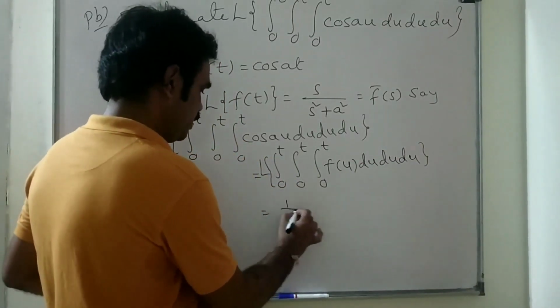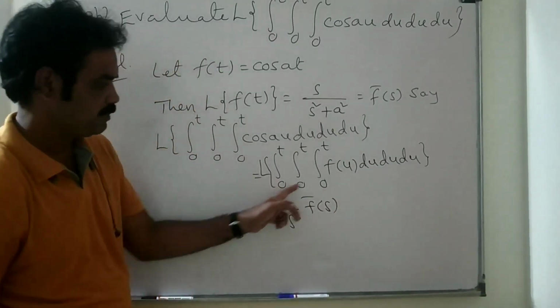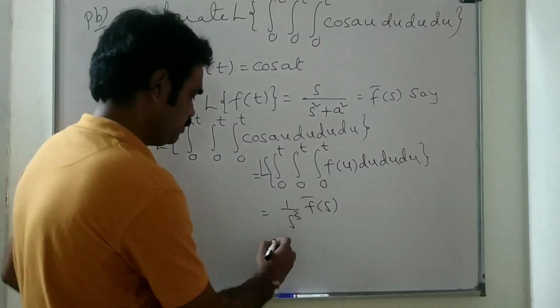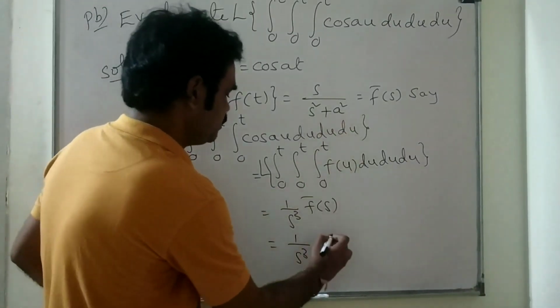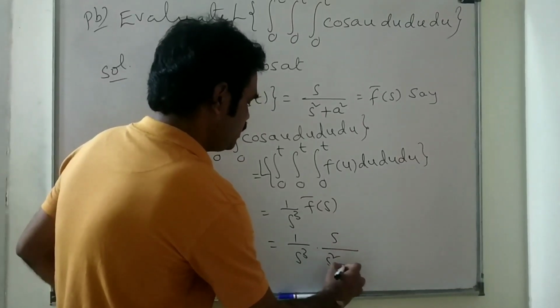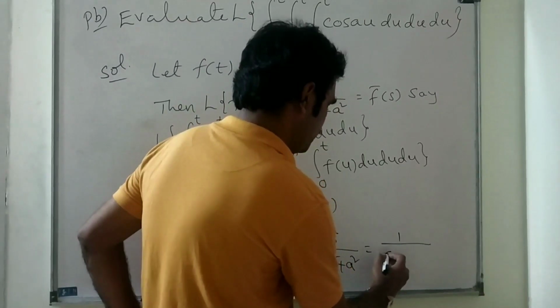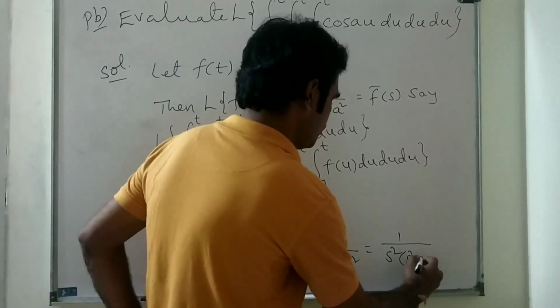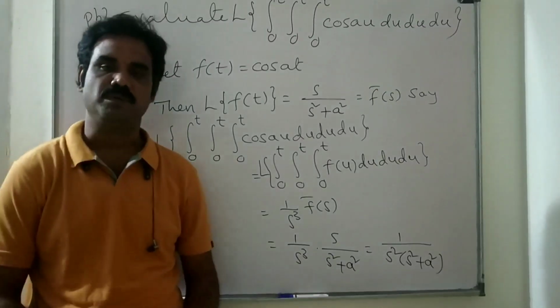That is equal to 1 by s cube f bar s. Since 3 times integration here, 1 by s cube f bar s. That is 1 by s cube, and f bar s is s by s square plus a square. That is equal to, s cancel here, 1 by s square into s square plus a square. This is the required Laplace transform.